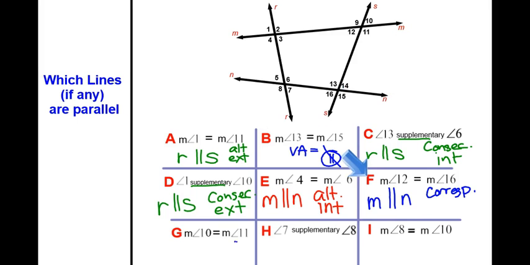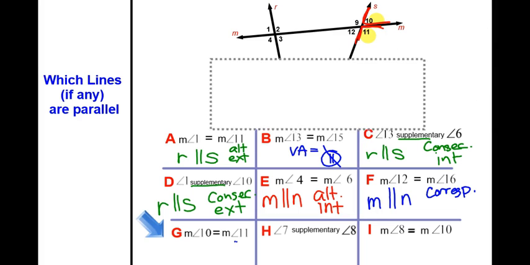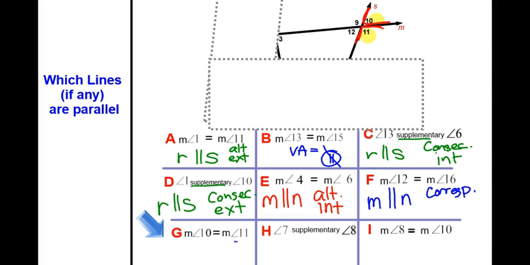All right, let's jump ahead to G. And for G, they ask us to look at angle 10 and angle 11. And when I trace out angle 10 and angle 11, I notice that there is nothing at the bottom of the picture and there's nothing at the left of the picture.